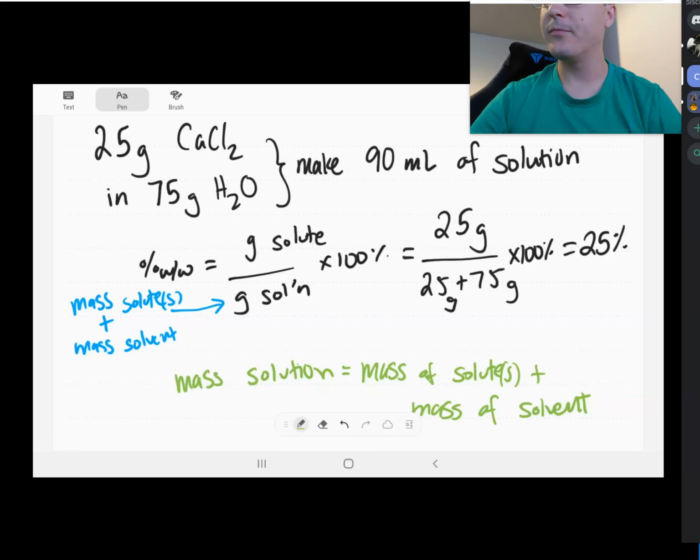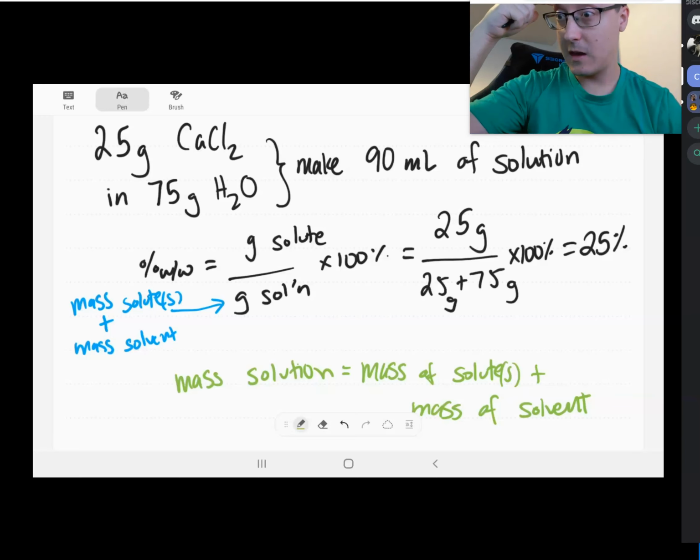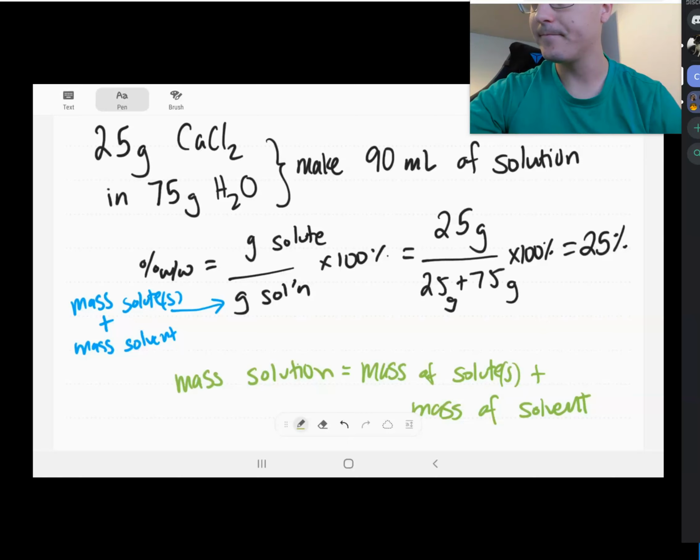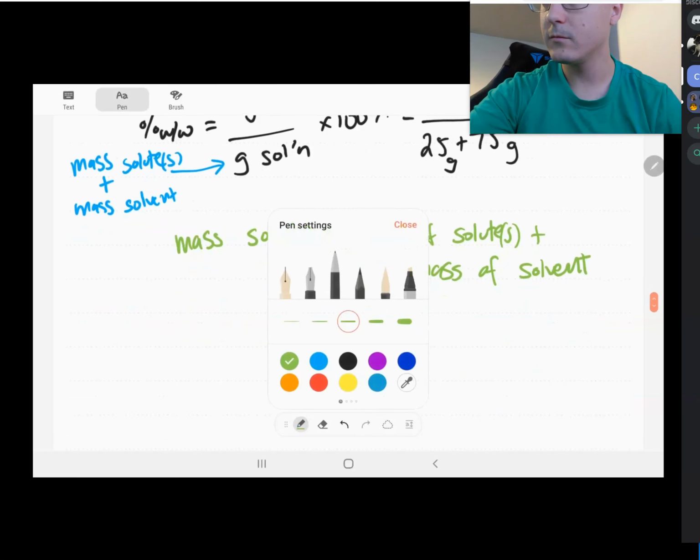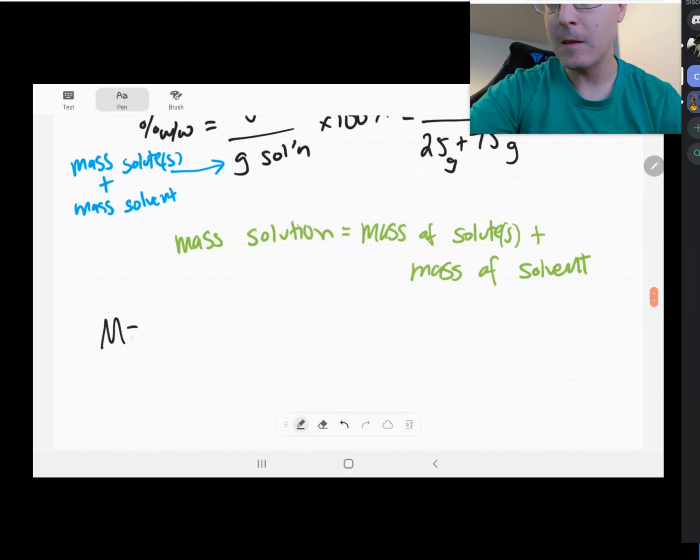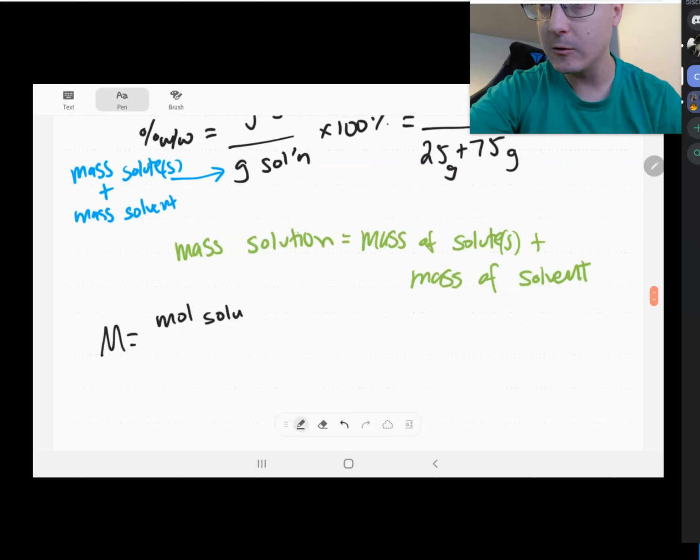Okay, cool. So the molarity, capital M, is moles of solute over liters of solution.